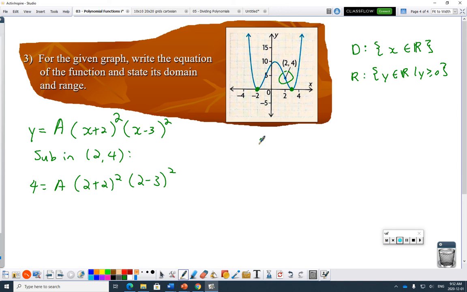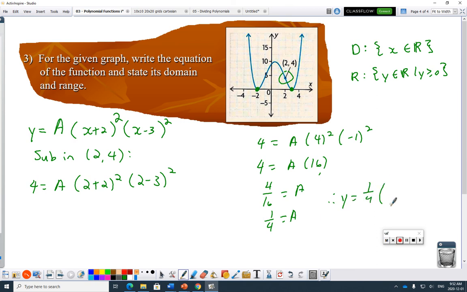So 4 equals a times 2 plus 2 is, oh, show all the steps. 4 squared, negative 1 squared. Take a look at those steps and see what your questions are.